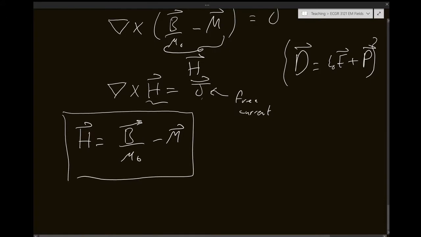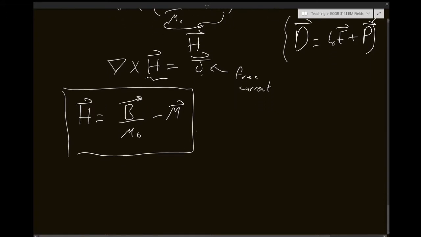We could recognize that for many materials, I can describe the relationship between M and H, the total H, to be proportional. I can say that M is proportional to the total field H intensity.